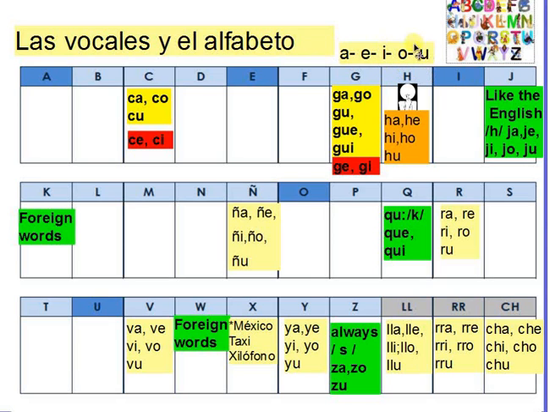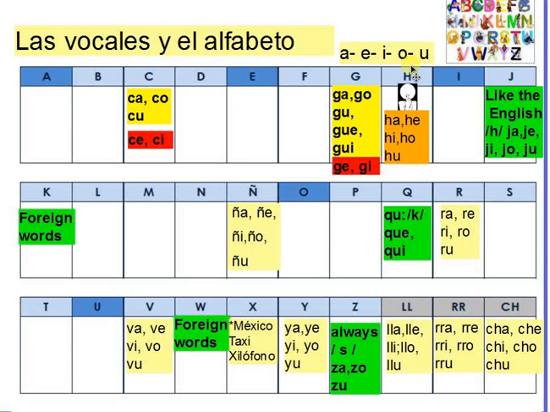Now I'm going to share with you some of the problems English speakers have with the vowels. Because your vowels in English, they could have different sounds. Not in Spanish. In Spanish, you have 5 vowels and you have 5 sounds. English, you have 5 vowels and you could have, depending on the dialect, up to 15 different sounds.